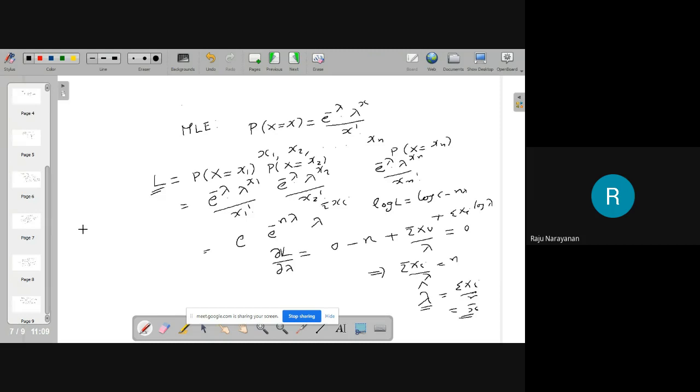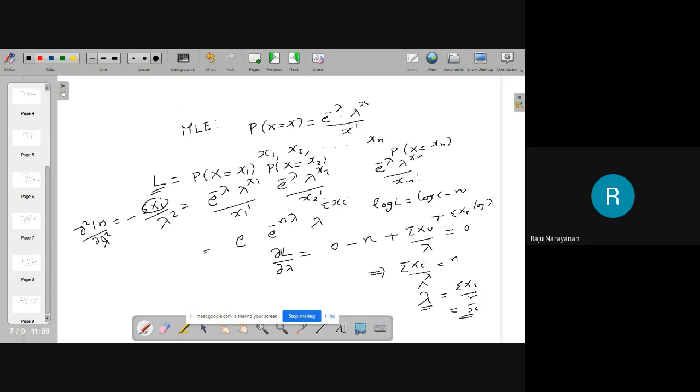Then you have to check whether the second derivative is less than 0. Therefore, d square log L by d lambda square: the derivative of minus n is 0, sigma xi is a constant, and the derivative of 1 by lambda is minus 1 by lambda square.